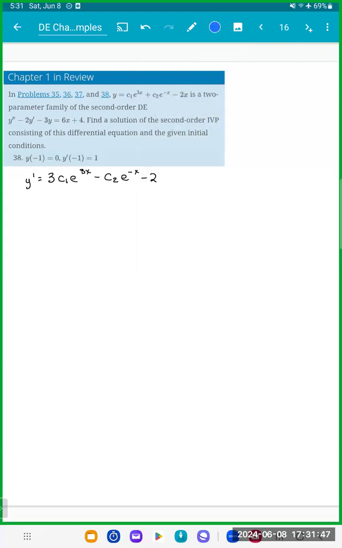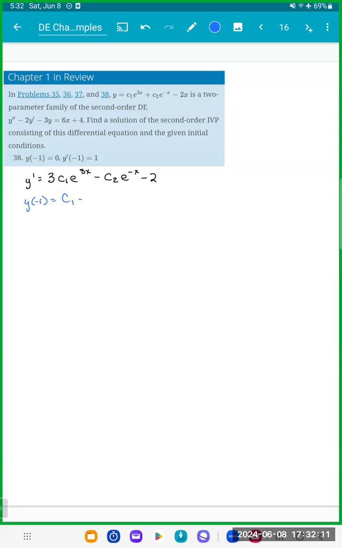Let's go ahead and evaluate that for our initial condition here, y prime of -1. But let's do it for both. We'll do it for the y and the y prime. So y of -1 is equal to 0. Let's put in what our equation is.